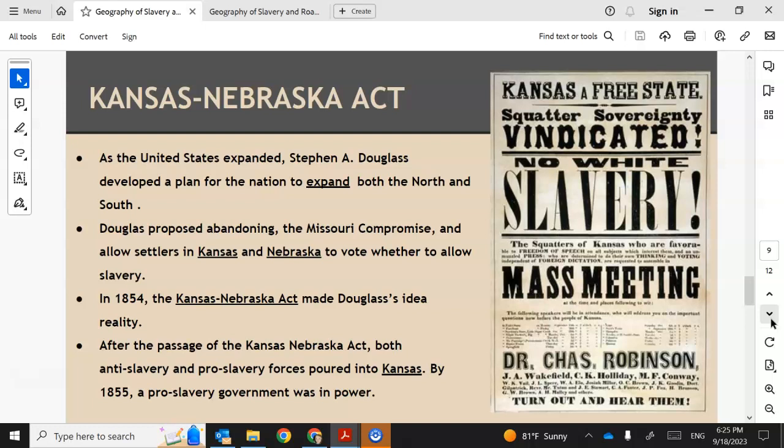If you decide that everybody is going to have the power to vote on whether slavery or no slavery is the thing in the states, if you feel passionately, you're going to get your butt out there to make sure that you have a say. Even if you don't plan on staying there, you're moving there to have a say. And by 1855, you have a pro-slavery government.